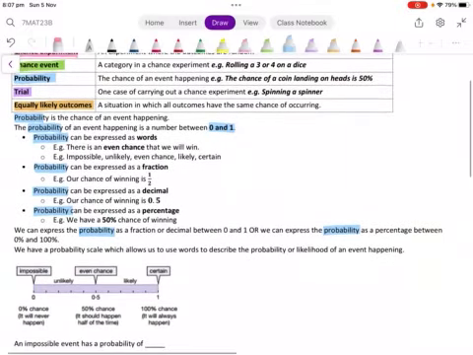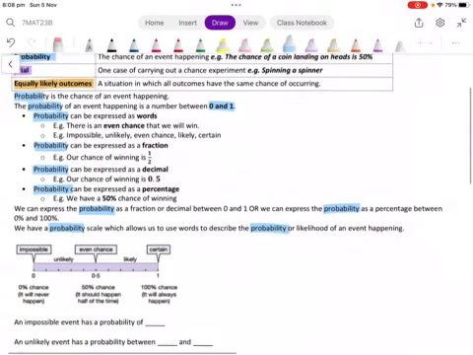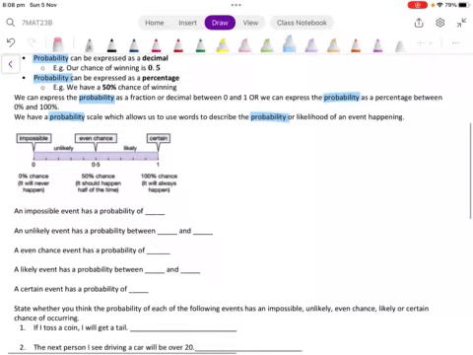We have a probability scale which allows us to use words to describe the probability or likelihood of an event happening. So here is a picture of our scale. 0% chance is it will never happen, 50% chance is it should happen half the time, and 100% chance it will always happen.